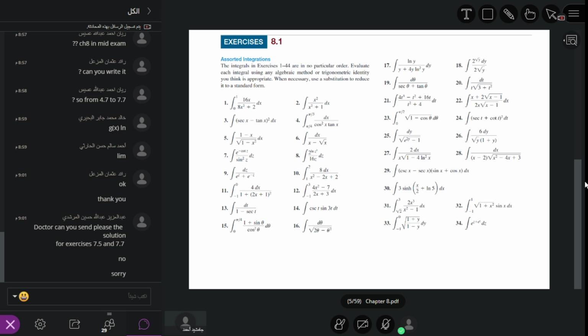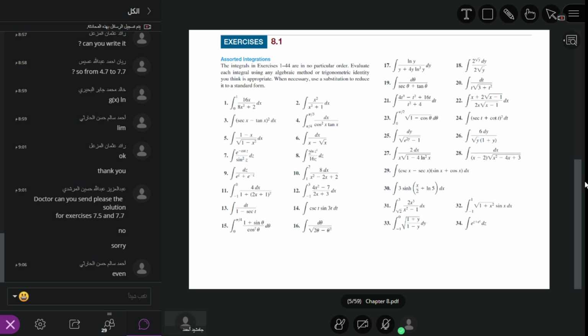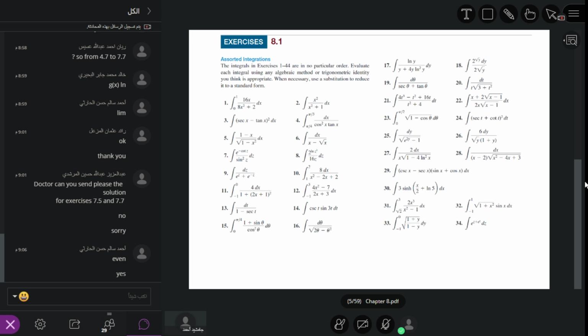Also cosine of minus x: cosine x is an even function. Thus we get minus outside x power 3 cosine x.